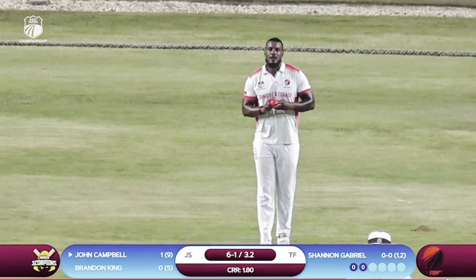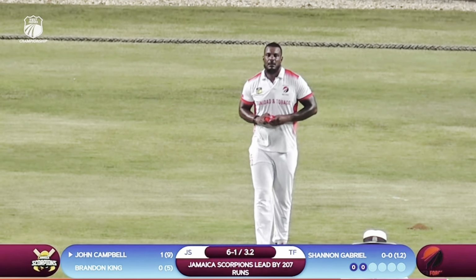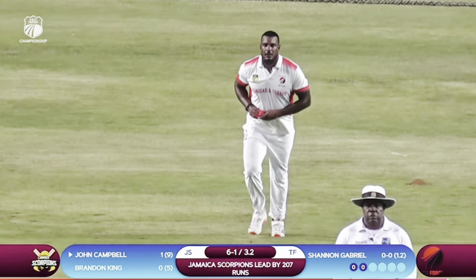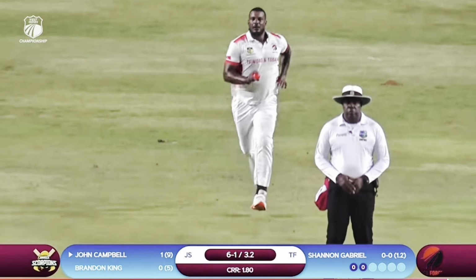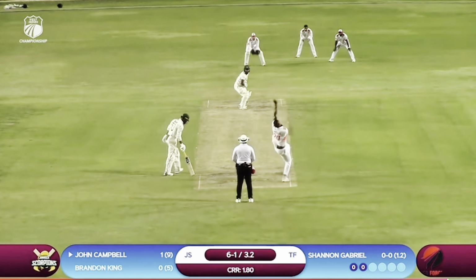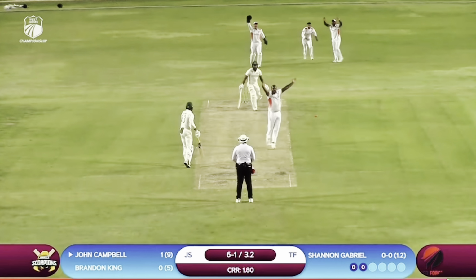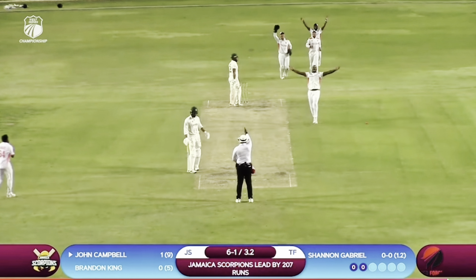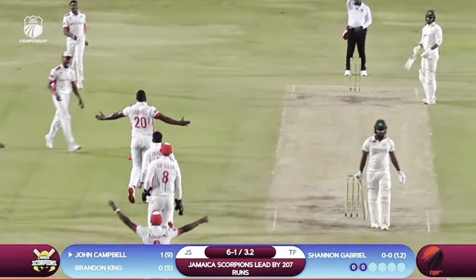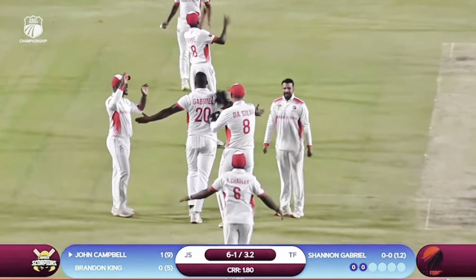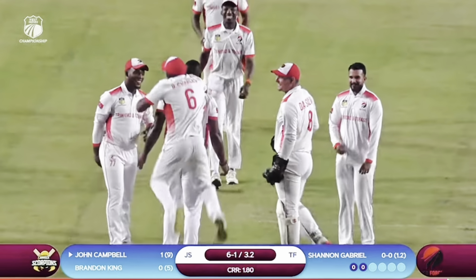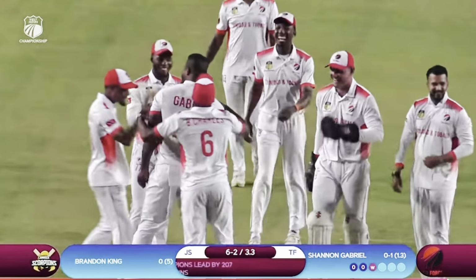But I'm not saying that even if he gets the edge over Michael Louis for the Australia tour, that we would throw Michael Louis away. He can still be in the squad as well. But John Campbell made a statement with the bat in this West Indies Championship this year, and so I will give him the nod in this best 11.